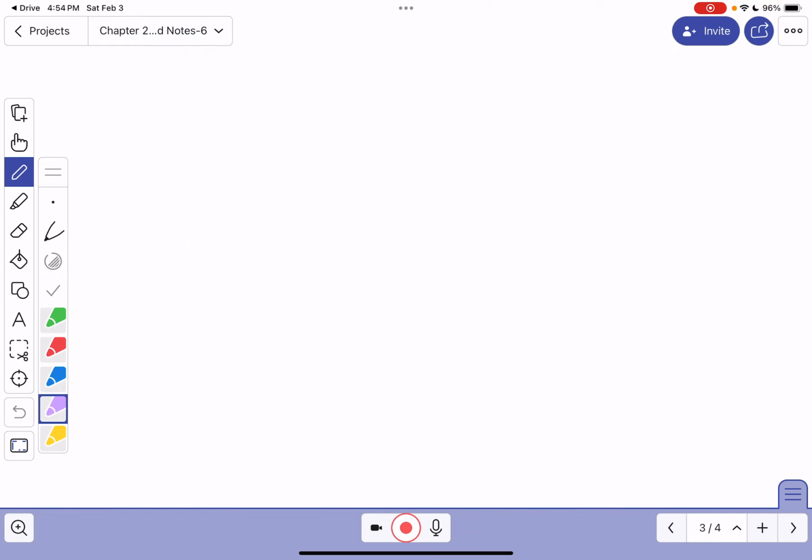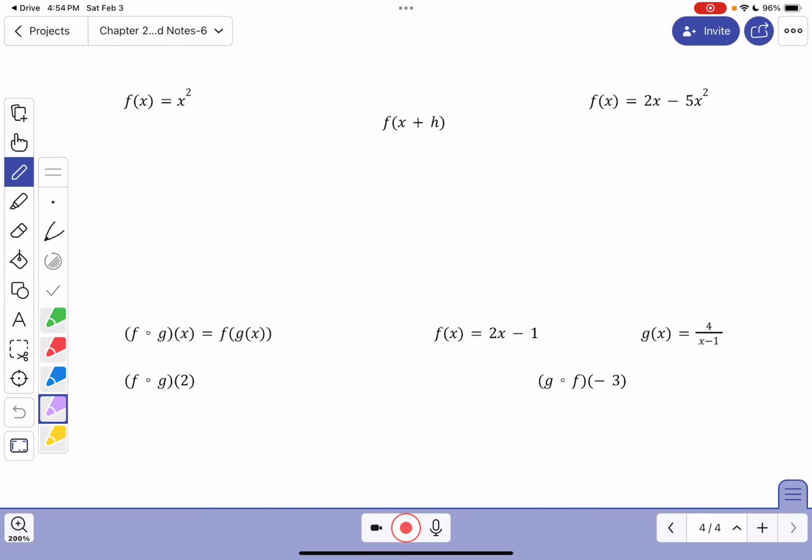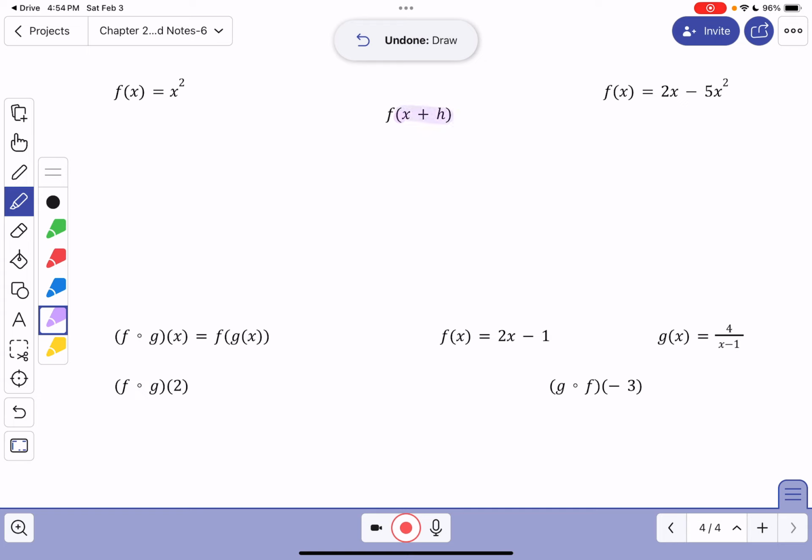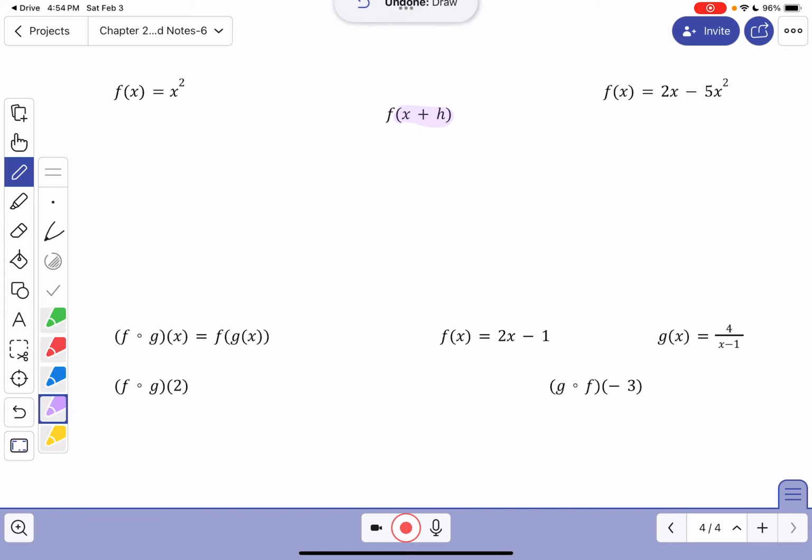All right, let's look at a couple more things here. You can plug in anything it tells you to plug in. Your goal is to just do what it says and work from there. Reduce if possible. So here, we're saying plug in x plus h. So for f of x, instead of x squared, I'm just going to write x plus h squared.